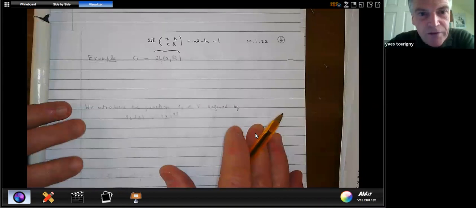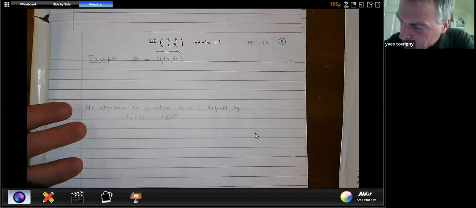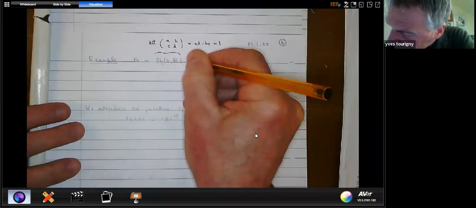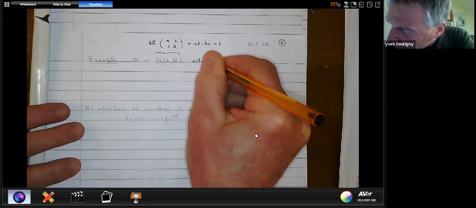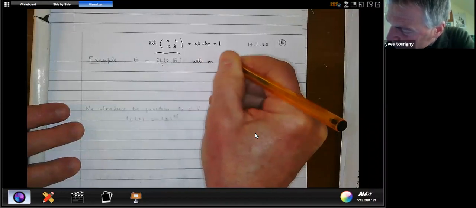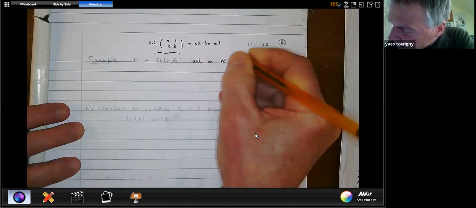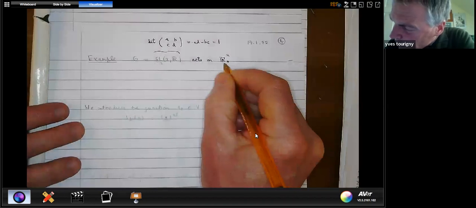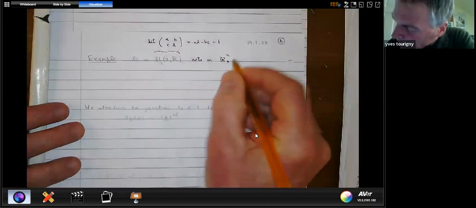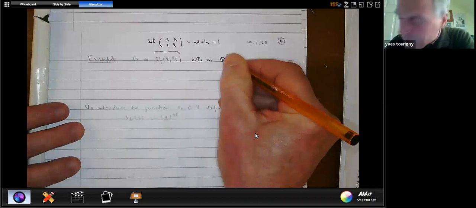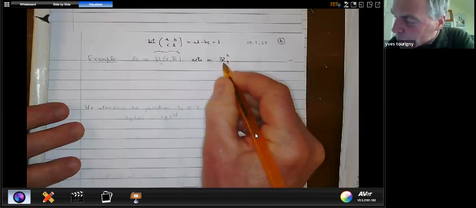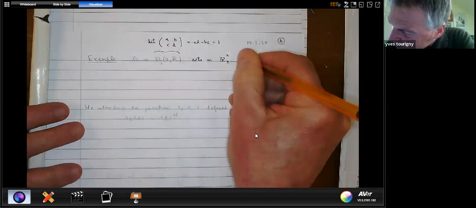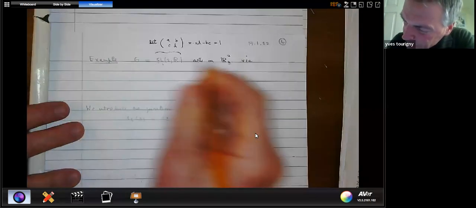So let me write down a very simple representation of the group. The first point is that this group acts on the vectors, and for technical reasons I'm going to exclude the 0 vector. So that's the meaning of the star here, so that I exclude the 0 vector. So let me write down the action of the group on this vector.